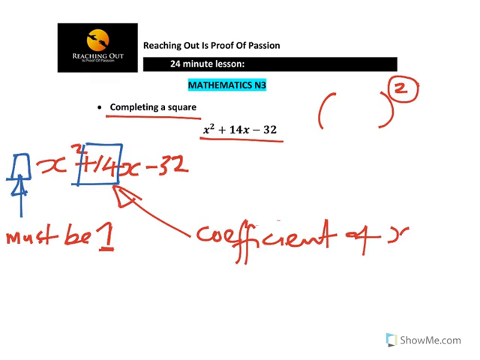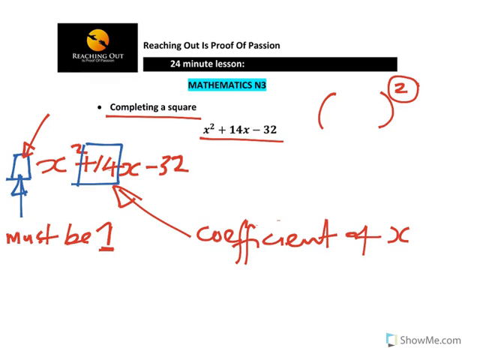This number, the coefficient of x squared, must always be 1. If the number is not a 1, I'll show you the trick on what to do so that you can make it a 1. But this one doesn't matter, it's just the coefficient of x. It can be any number, but it is the number that we're going to use when we are completing a square. So now let us go on and complete a square.